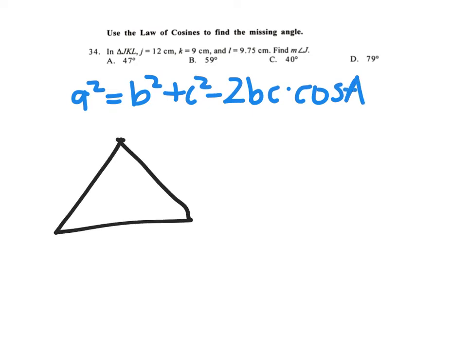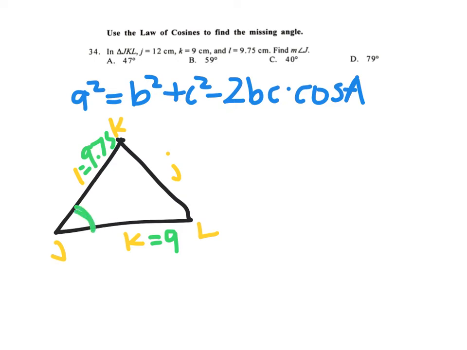They say our triangle is J, K, L, which means we have little k, little l, little j. We know that little k equals 9. We know that little l equals 9.75. And we're trying to find angle J. So we're looking for this angle here.